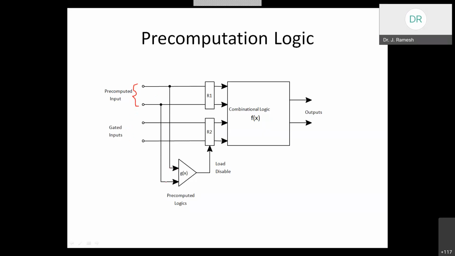If we are able to conclude which number is greater from the pre-computed inputs itself, then we can control the propagation of the gated inputs, so that the amount of switching activity can be reduced. That is all about the pre-computation logic.